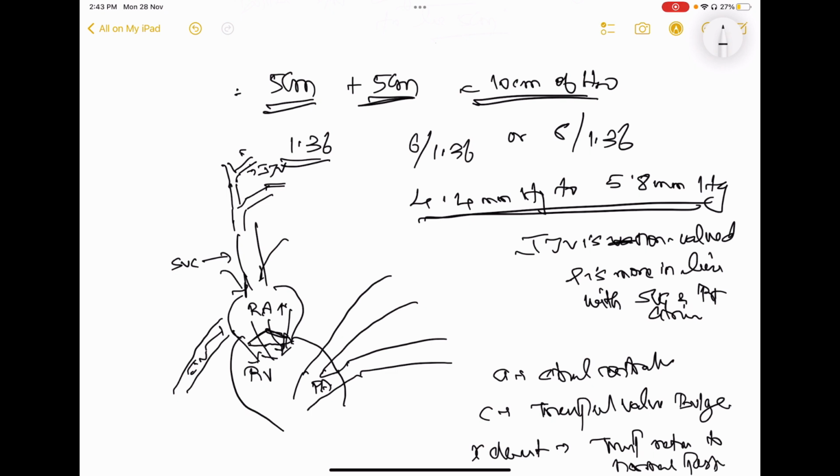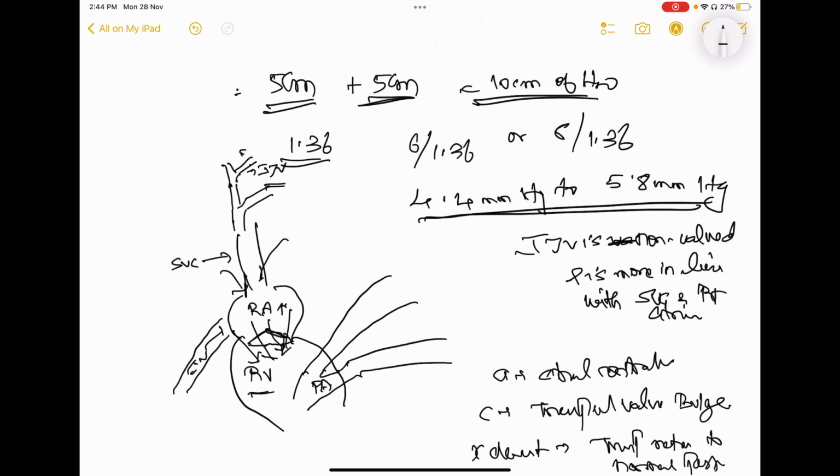And in pulmonary hypertension, what happens is the right ventricular compliance is greatly reduced because of muscular hypertrophy of the right ventricular wall, because the right ventricle has to contract more to overcome the pulmonary artery pressure. So the right ventricle hypertrophies, and the compliance of the right ventricle decreases because there is more muscle than cavity in the right ventricle.